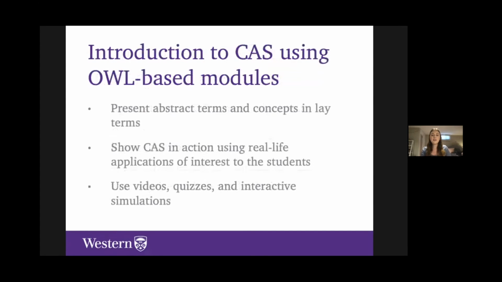When my peers and I started developing the OWL modules, our first course of action was to find a way to present the information so that it was interesting and digestible to the students. We also had the opportunity to pilot test the modules with our community engaged learning groups and got a lot of great feedback. So here are a few of my recommendations.